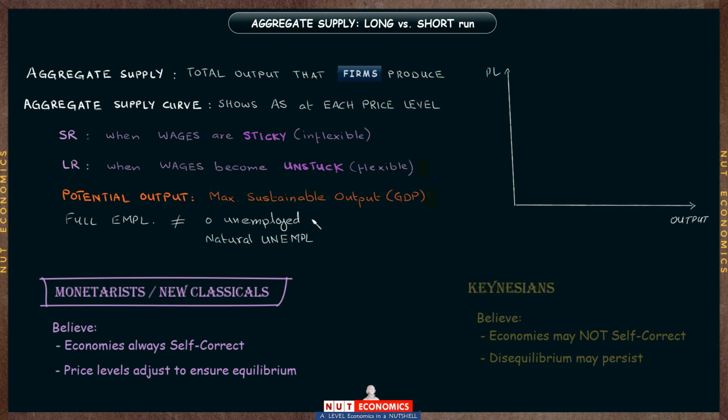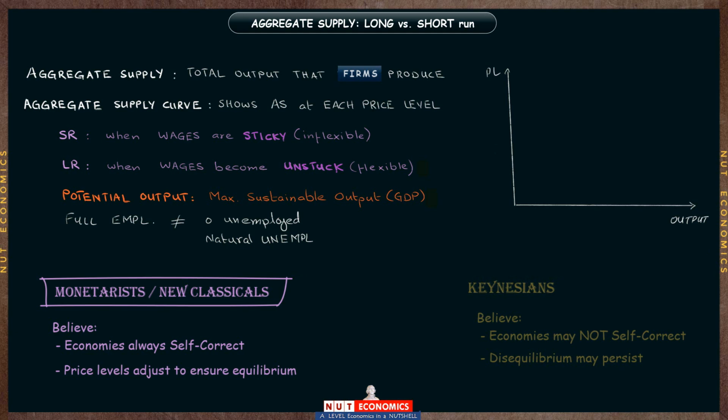So all of these natural reasons why some amount of unemployment may exist, the number of people who are seasonally unemployed and people who are just moving between jobs and therefore temporarily unemployed, those numbers taken together make up the natural unemployment rate.